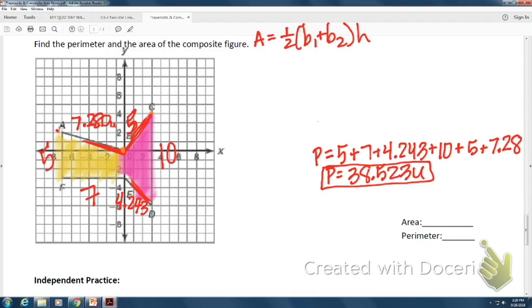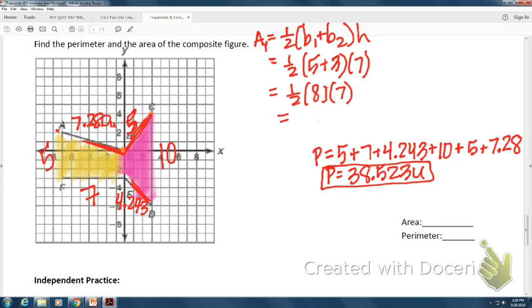What are my 2 bases? 5 and 3. What's my height? 7. Okay, 1/2 of 8 times 7. It's going to give me what? 28. What? Units squared.